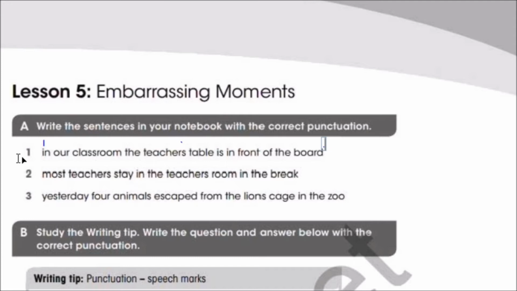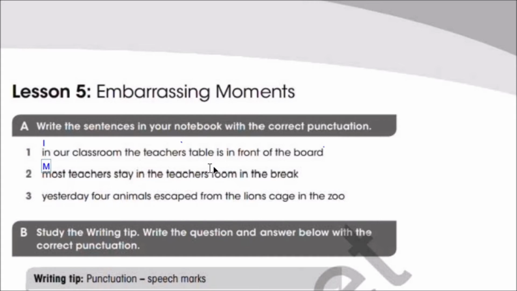Let's move on to number 2. Most teachers stay in the teachers' room in the break. What do you think the correct punctuation could be? Very good. As a start, we use a capital M here.